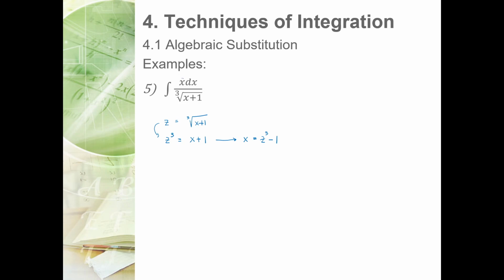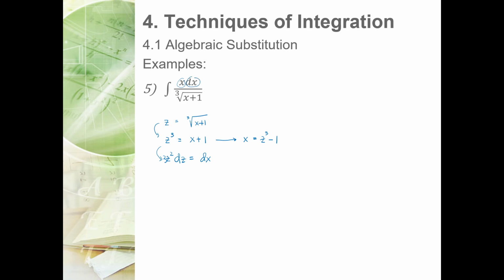Now, x is our variable. So getting the derivative, you have 3z squared dz is equal to dx. So this is our dx.